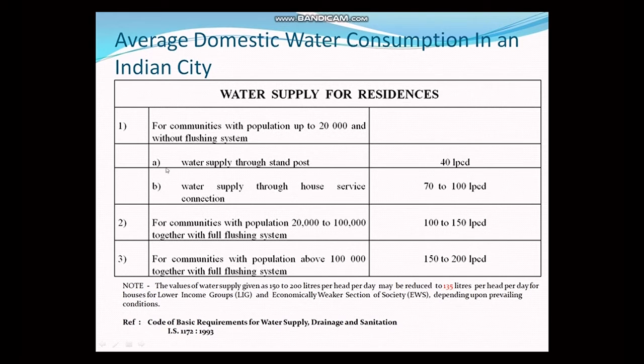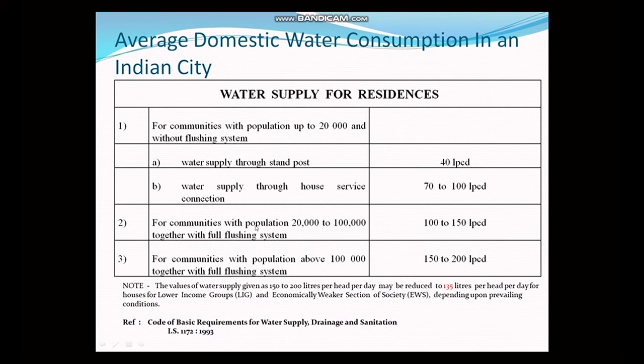The first one is where water is supplied through stand post, and in this case the required amount of water supply is 40 LPCD. And the second part is where the water is supplied through house service connections, and in this case around 70 to 100 LPCD amount of water is required.